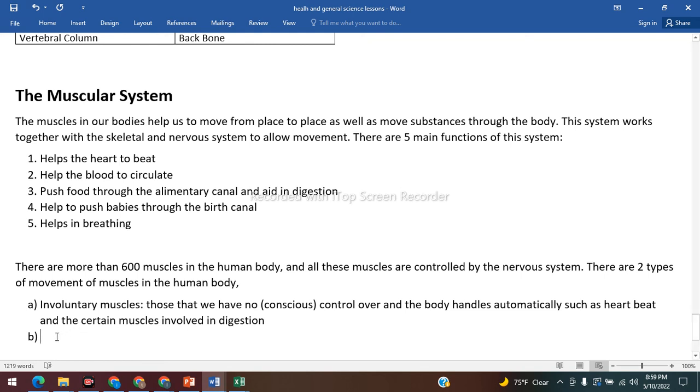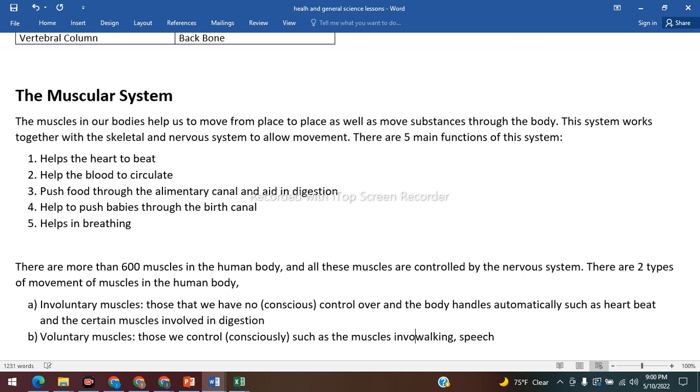Then we have voluntary muscles. Those are the ones we control consciously, such as the muscles involved in walking, speech, and exercise.